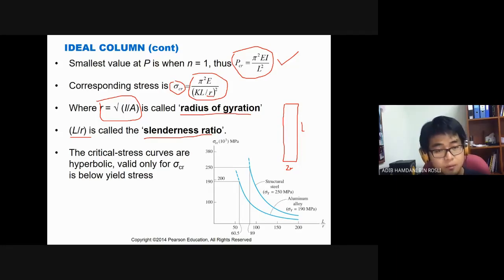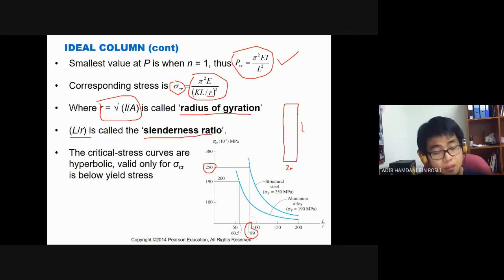We see the critical buckling load: when the slenderness ratio is 89 for structural steel, the critical buckling stress is 250. Can you see the graph? What does it mean?